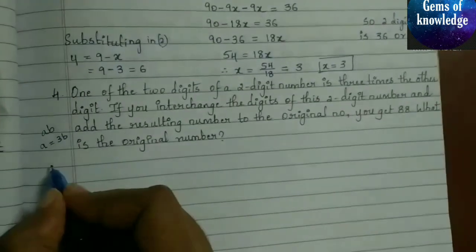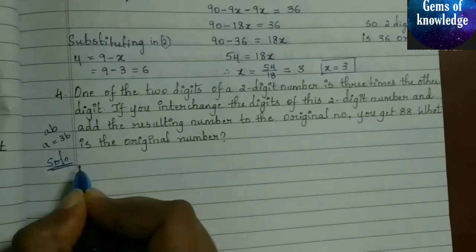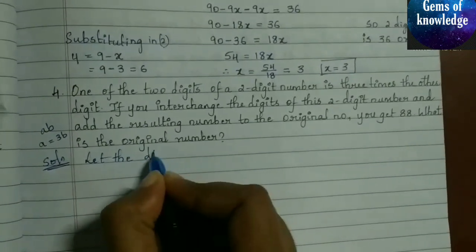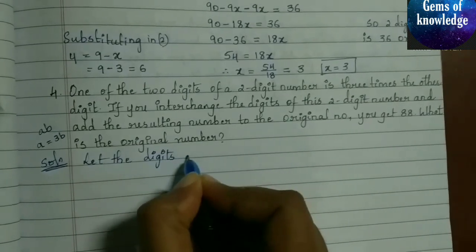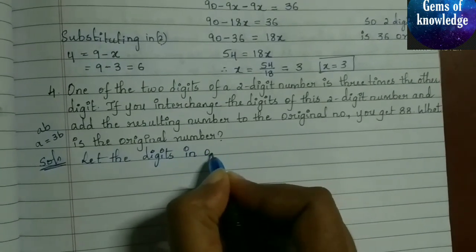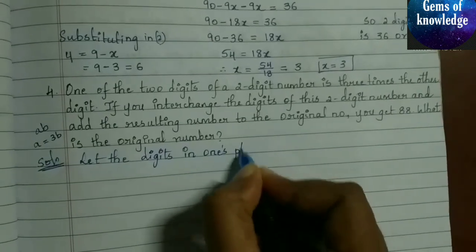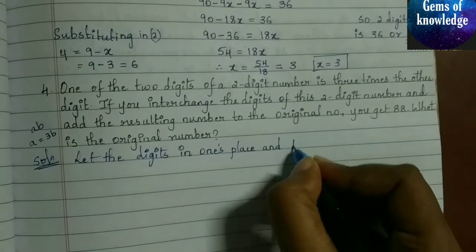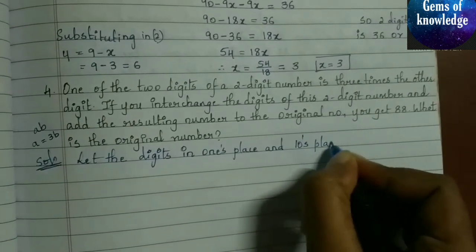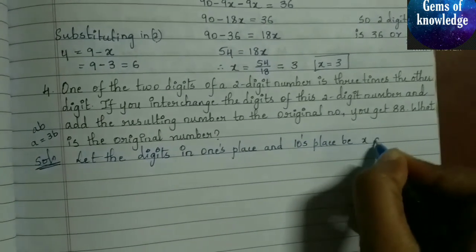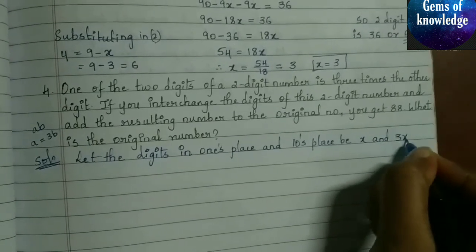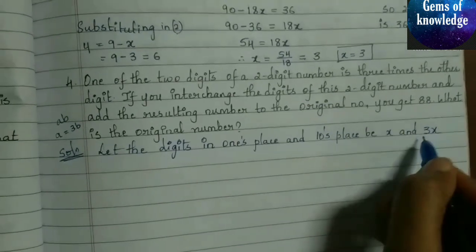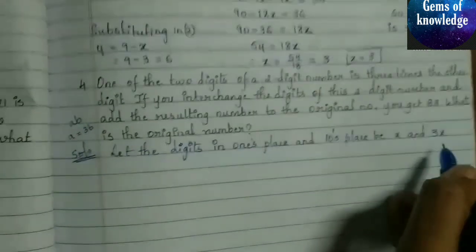So like that only, let us consider the solution: let the digits in ones place and tens place be x and 3x. Just consider that our two numbers are x and one more number that is 3 times x.